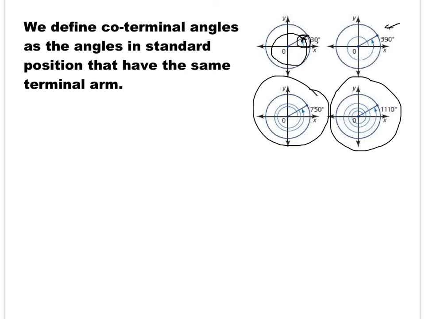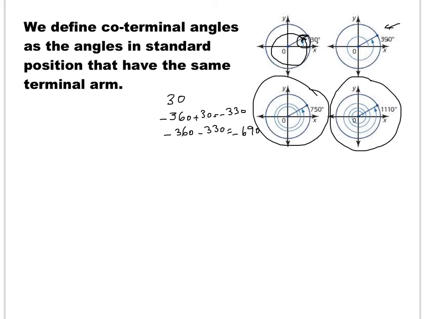This means that first you start with 30, then you add negative 360, so 30 plus negative 360 is negative 330. Then you add another negative 360 to it, so you get negative 330 minus 360, which is negative 690, and so forth.